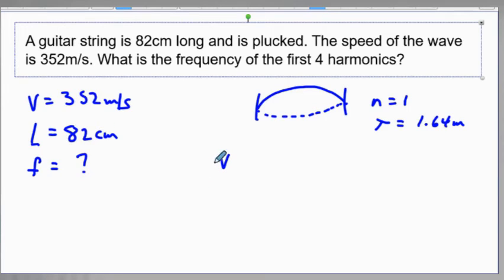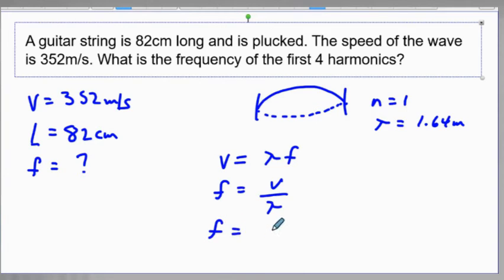Next, I'm going to take my formula for speed. Speed was lambda times f. So to find f, we'll have v over lambda.